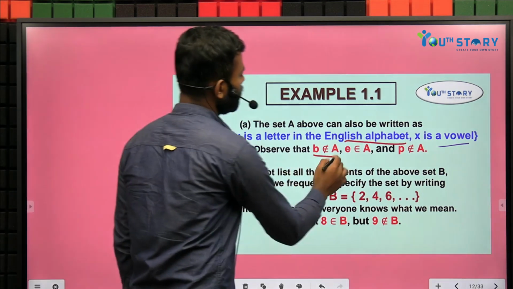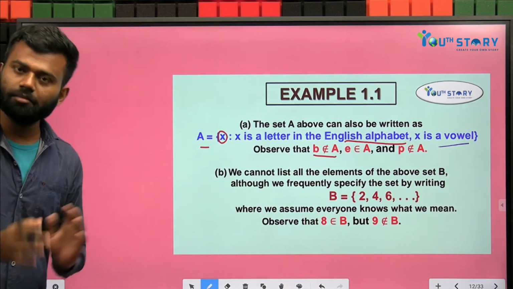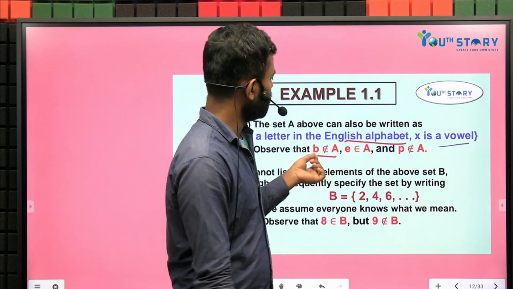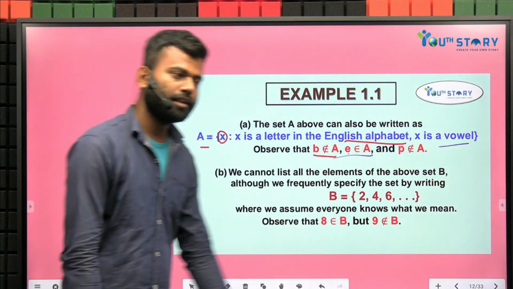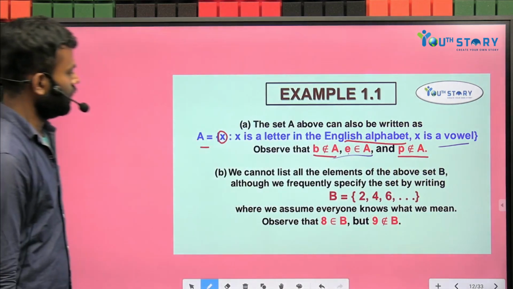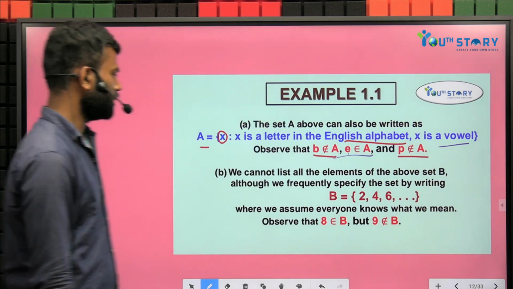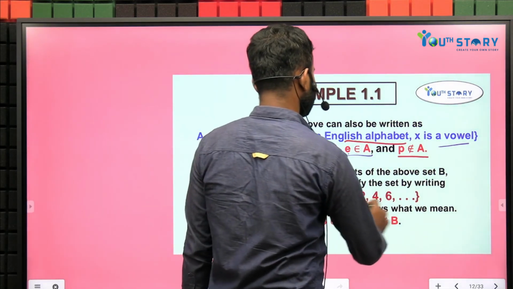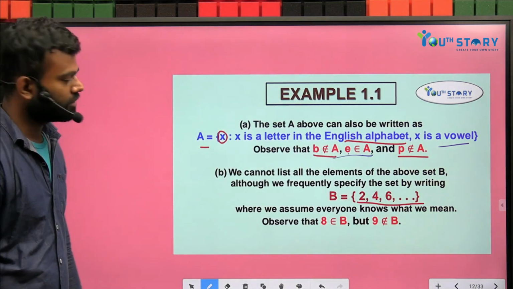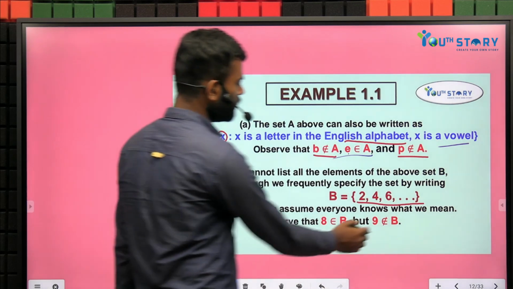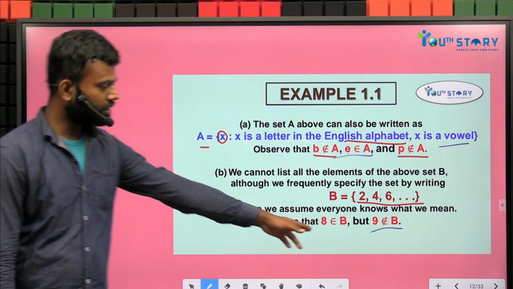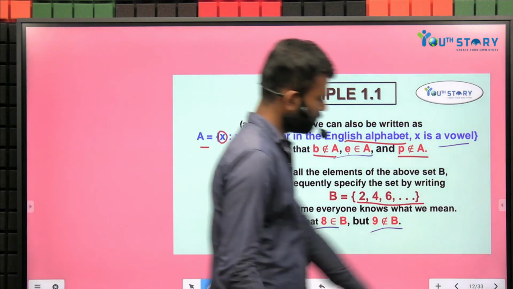Observe that B doesn't belong to A. B is not a member of A, since B is a consonant, not a vowel, but E lies in A. Now consider another set capital B, where we are taking these elements 2, 4, 6, etc., that is even numbers. 9 is not an even number, so 9 is not a member of B, but 8 is an even number, so 8 belongs to B.